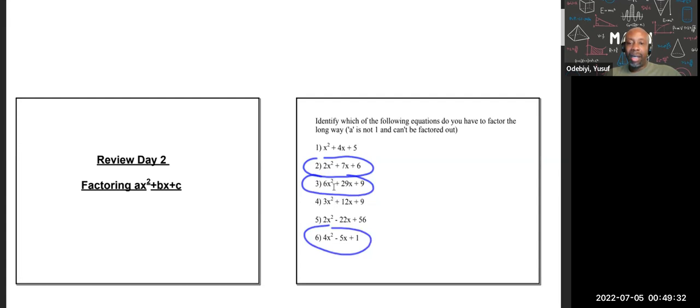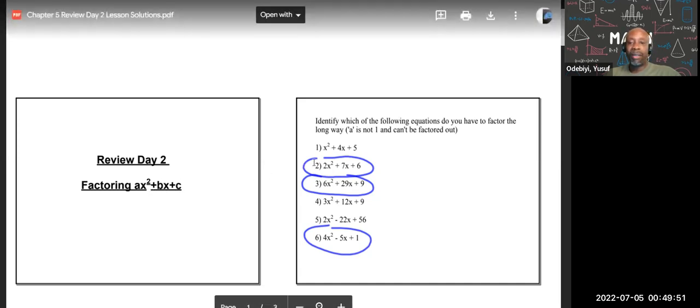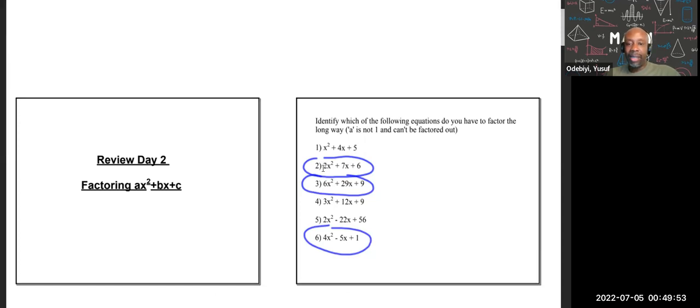Where A is not 1 and can't be factored out. So A is not a 1 over here. And when we say A, this is what we're talking about. Here's A, in front of the x squared, and B in front of the x, and then the last term is a C. So we're looking at A not being a 1.